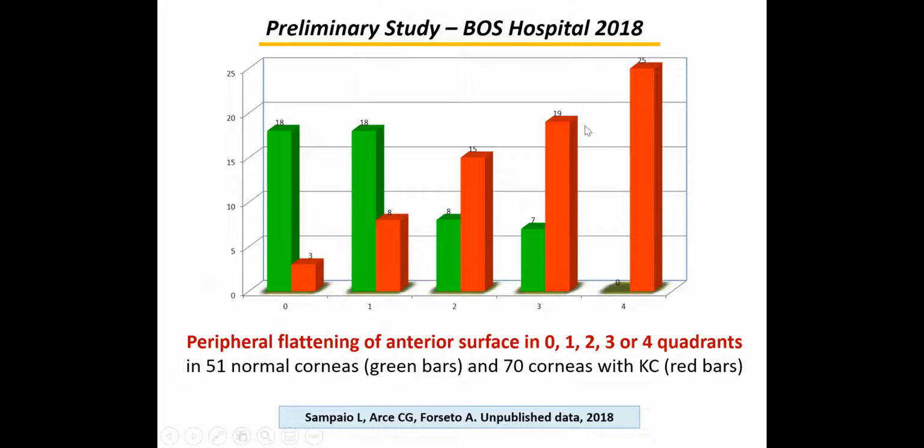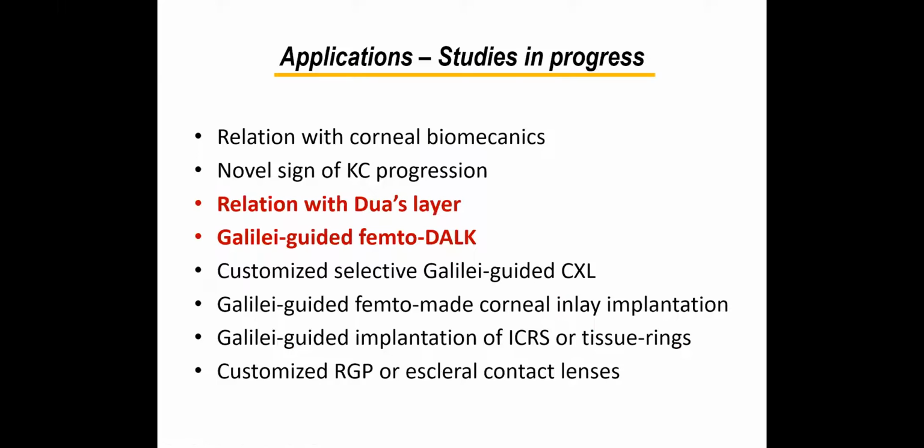And we had this preliminary study made in 2018 at the hospital. In green, you can see the normal corneas, and in red, the keratoconus corneas with 0, 1, 2, 3, and 4 quadrants, and it is evident, and this was statistically significant.